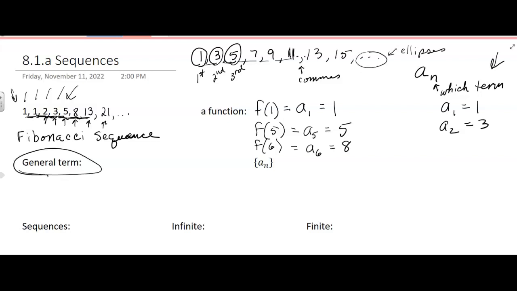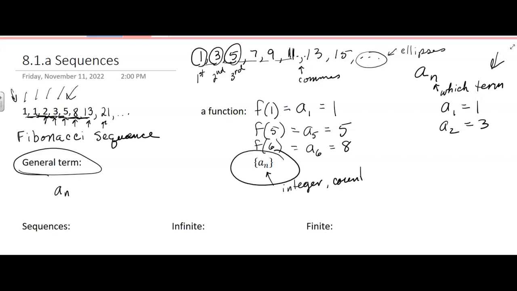A general term, they're going to tell you how to find that general term, but it's represented with a sub n. Now, the sequence is written in set notation. It's the set of all a sub n, okay? So n is an integer, by the way, or a counting number, I should say.